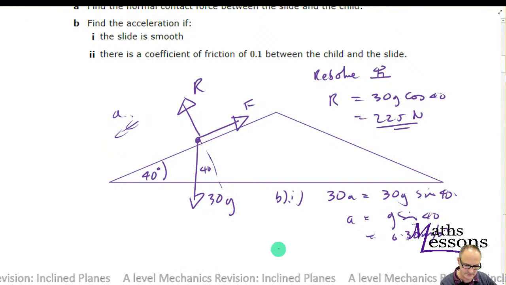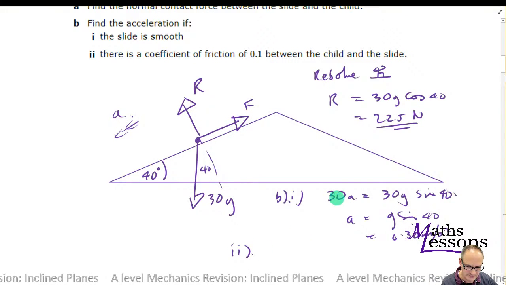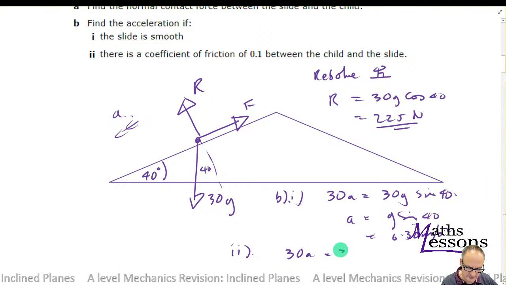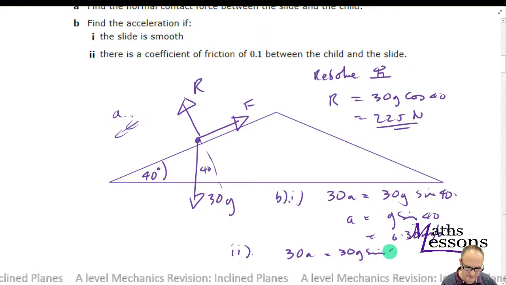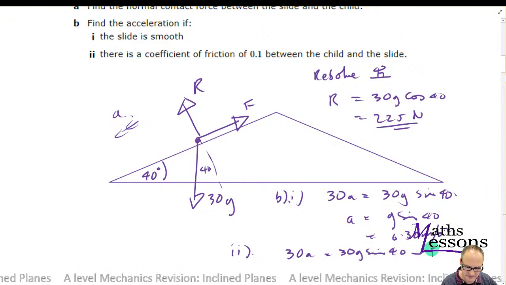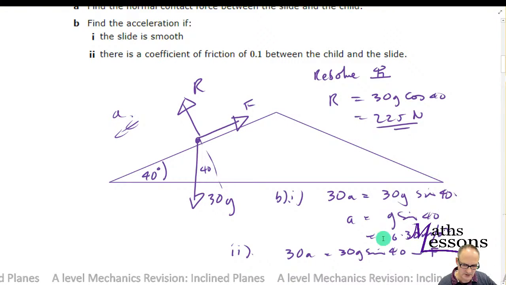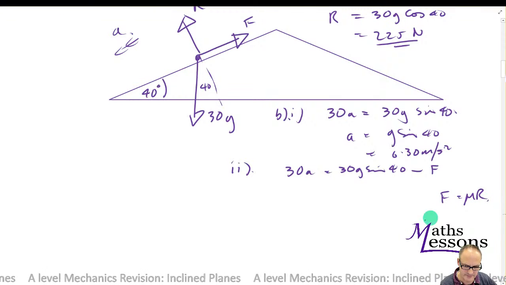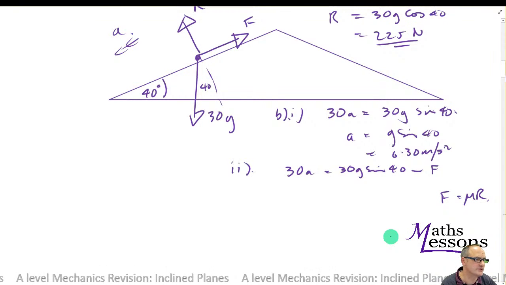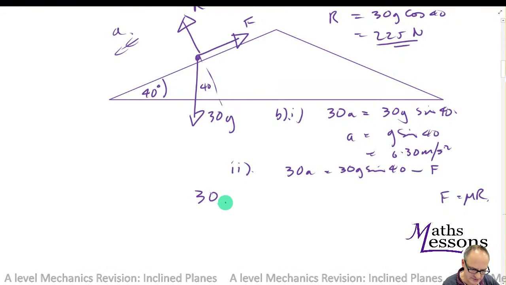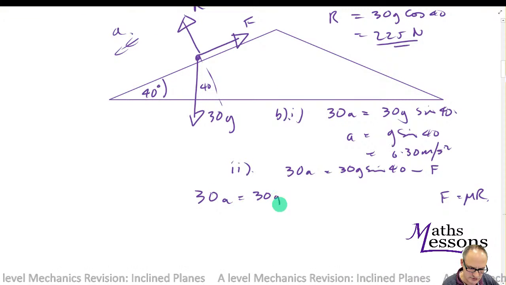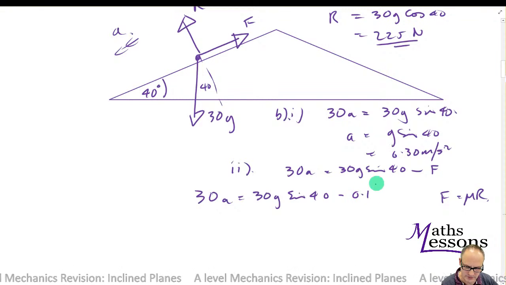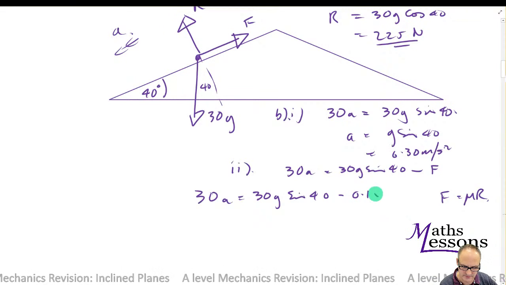Part 2. We resolve this and we've got friction, so we're going to have 30A will equal 30g sine 40 minus the friction. And we know that F equals mu R, the friction equals mu times R. We know that mu in this question is 0.1, so we've got 30A equals 30g sine 40 minus 0.1 times the normal reaction, which was 225.